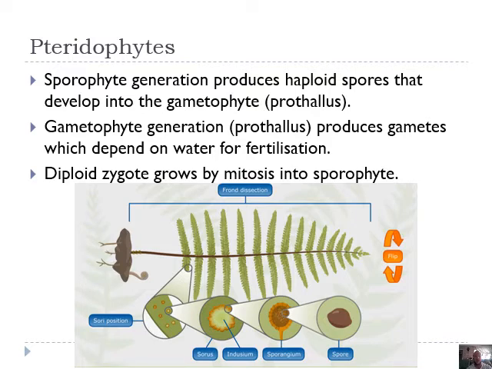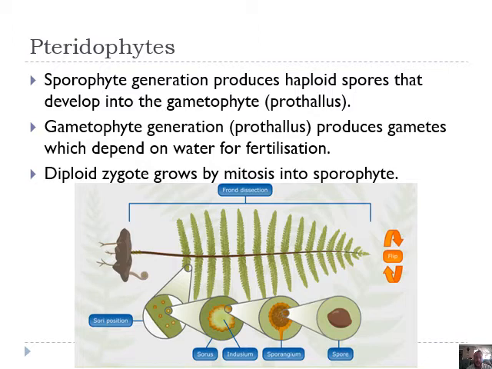So now you're noticing again that both pteridophytes as well as mosses or bryophytes depend quite heavily on water for fertilization. And that's because there's no way of getting those spores across, or those gametes across, and actually finding a suitable mate. So to a large extent, it's dependent on water.